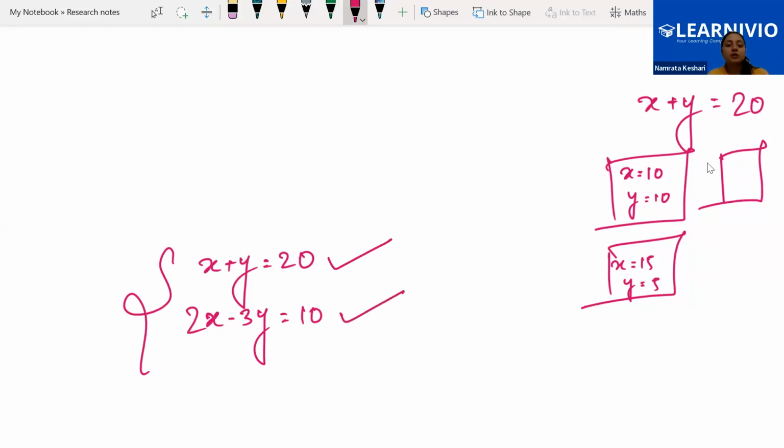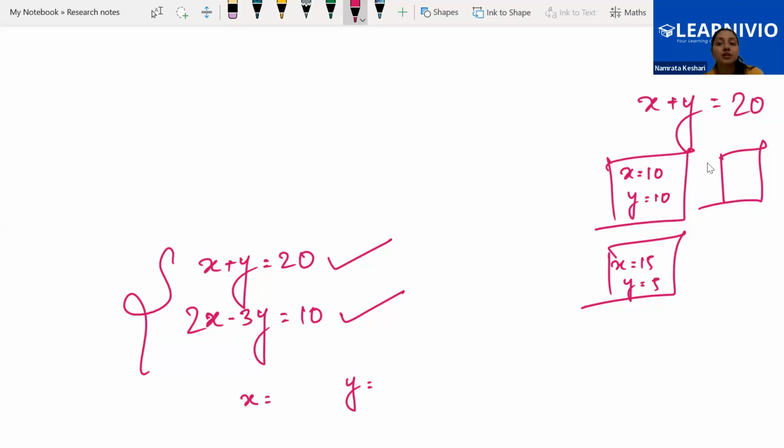That time we will get one x value and one y value, a specific x and y value. But when we had only one equation, there are infinitely many solutions. So to get a specific x value and a specific y value, we need a pair of equations at least.